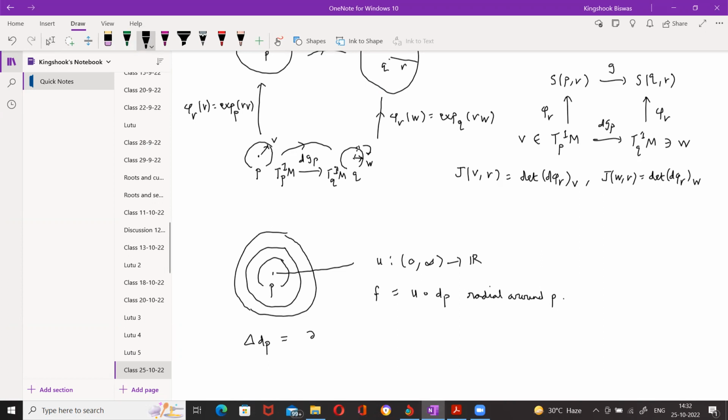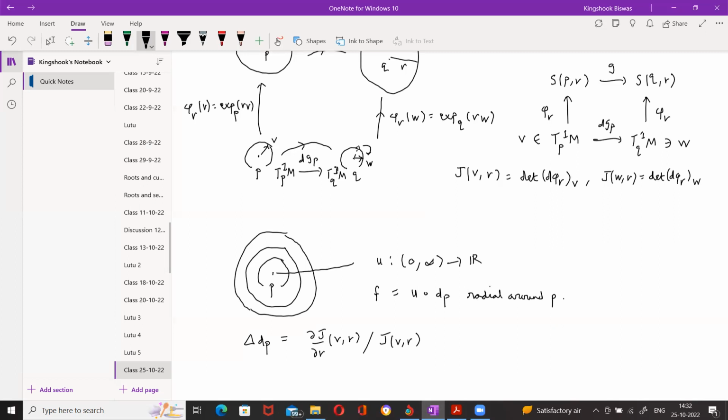We had this formula: it is ∂J/∂r at (v, r) divided by J(v, r).